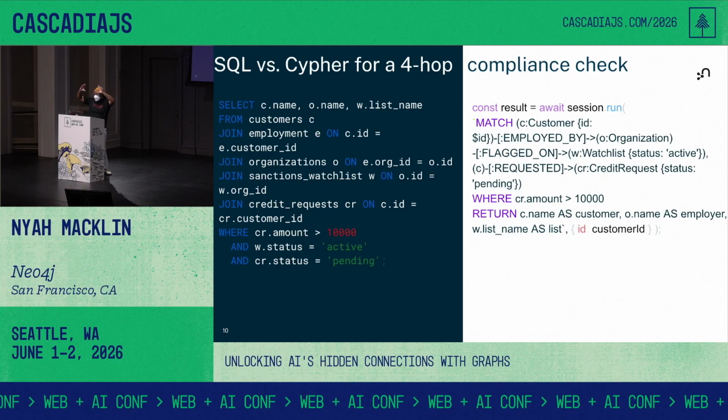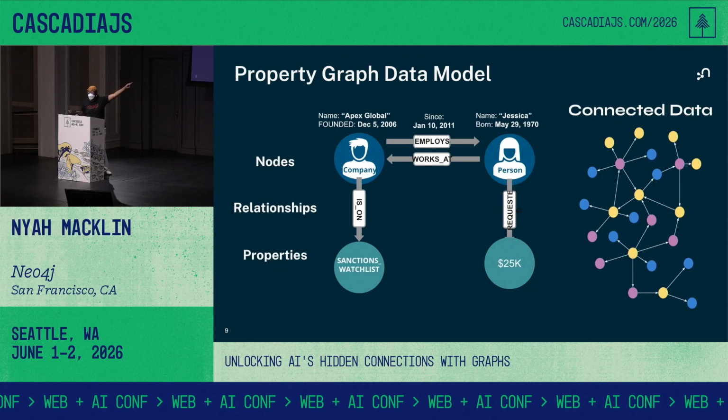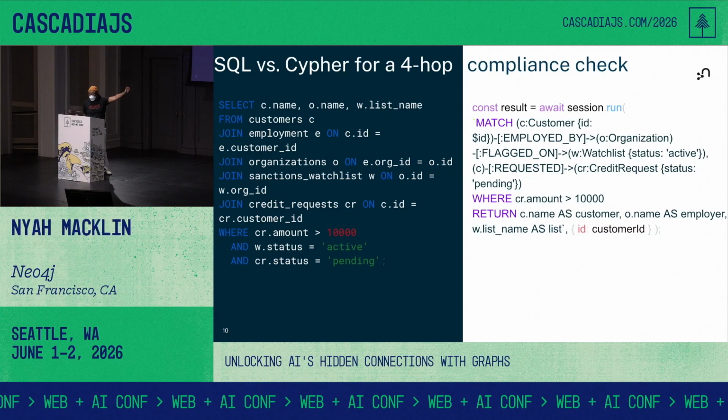It's actually encompassed in these curly brackets. So that's the node. The curly bracket is the node. The customer who is employed by, and we have this directional arrow, by another node, organization. Pretty much the same as what we had here. Node employed by another node, okay? So we have that there.